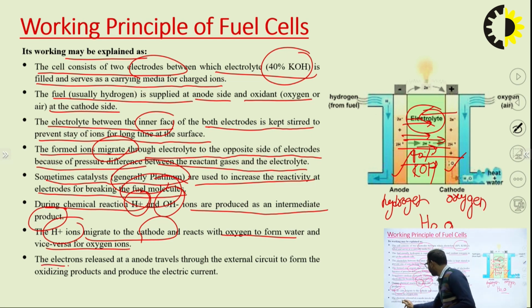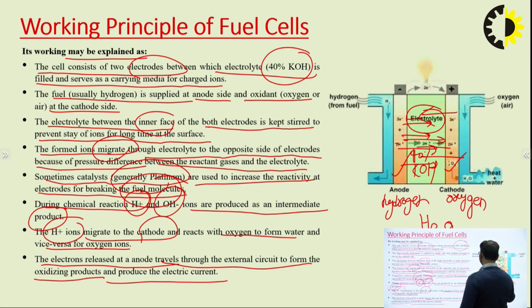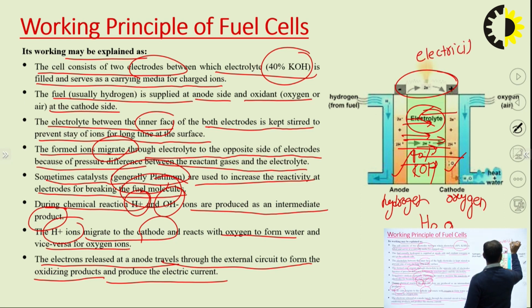The electrons released at the anode traverse through the external circuit to form the oxidizing products and produce the electricity. And this is DC type.